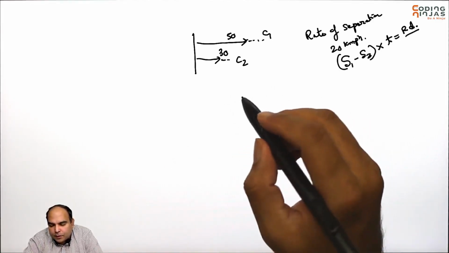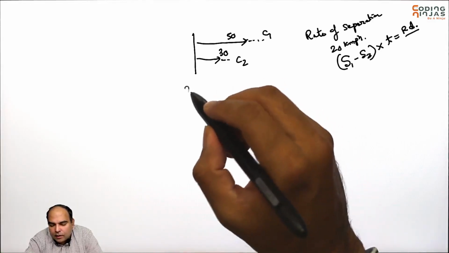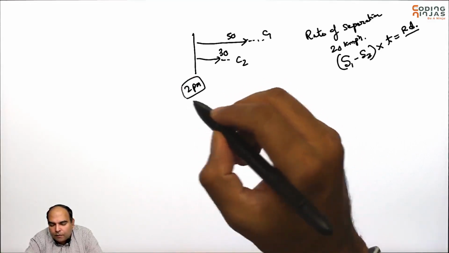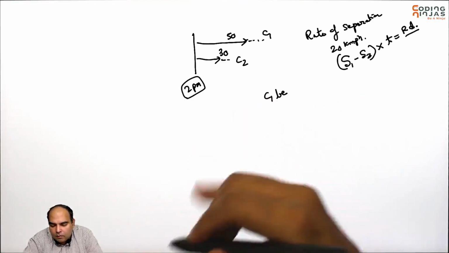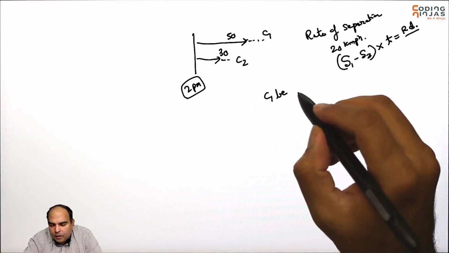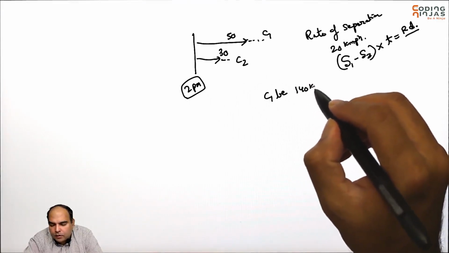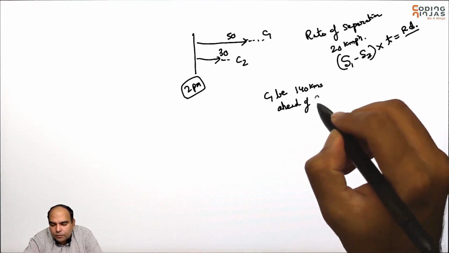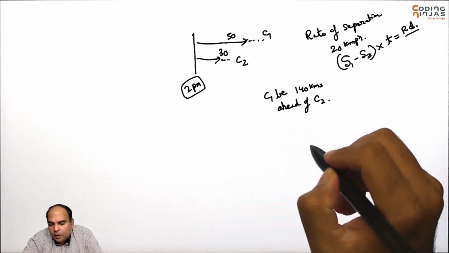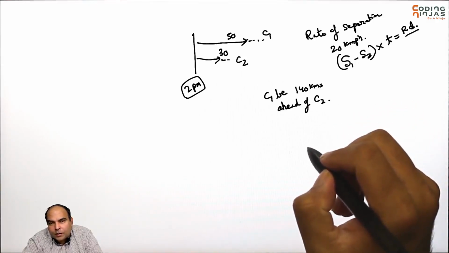But suppose for this picture I asked you this question, that they both started at 2 p.m. After how many hours will C1 be 140 kilometers ahead of C2?